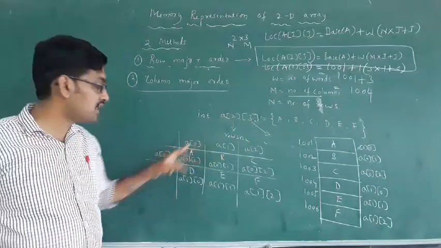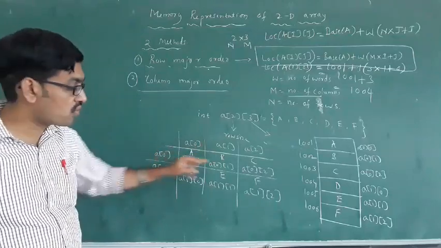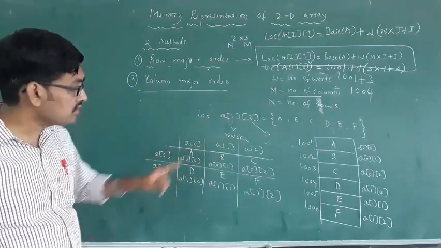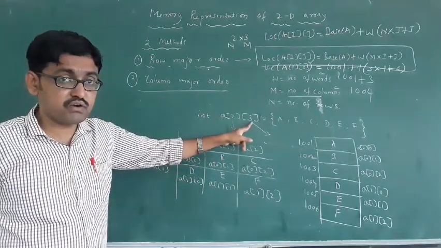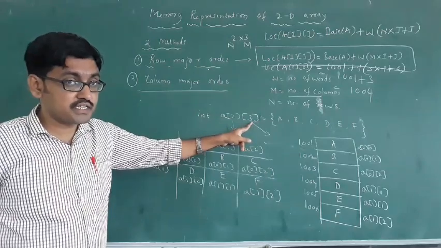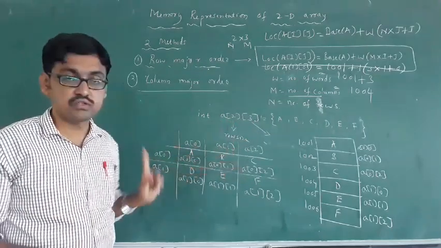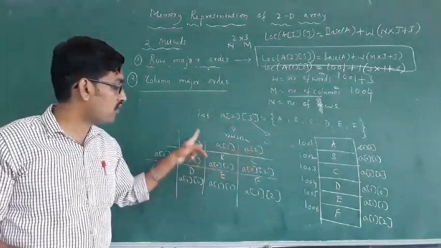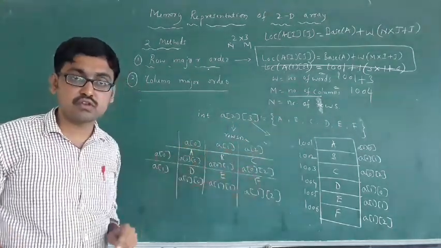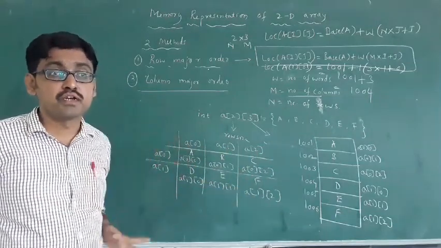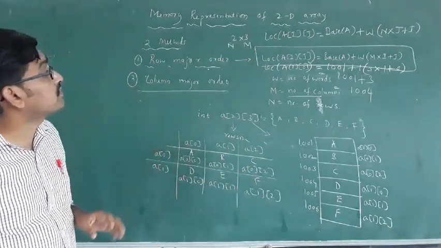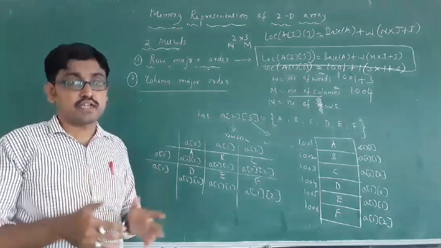There are two rows, so I have taken two rows here. Column size, how many columns do we have? See, 3. Always an array starts with 0, a of 0, 1, 2. How many now? 3 columns. Got it? You have to remember this. This is about the memory representation of a 2D array.